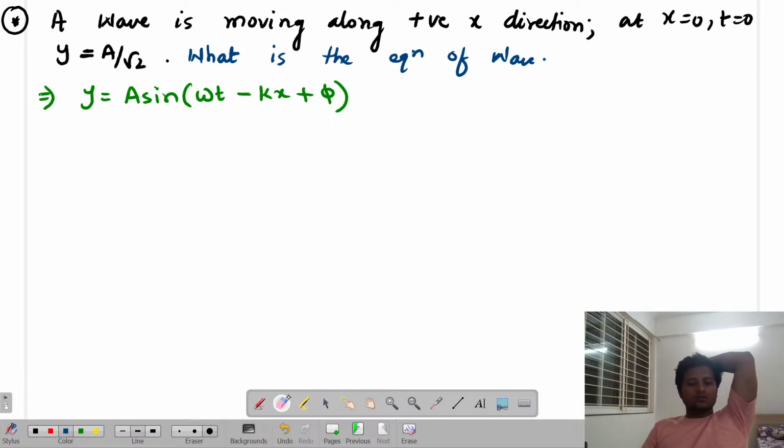We can do it both ways, both are correct, but you have to specify which one you are using. This is the original equation, kx minus omega t, but omega t minus kx is conventionally written.